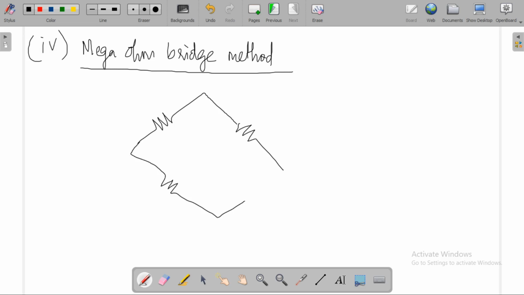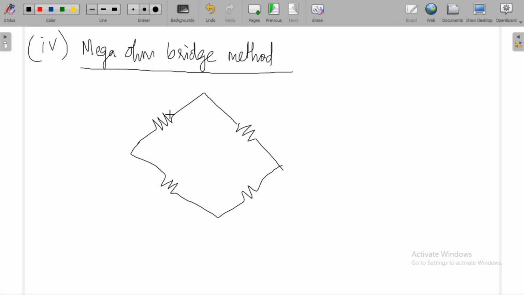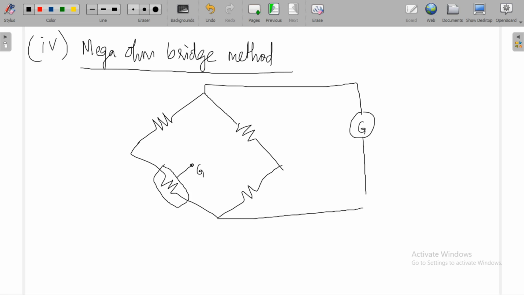It is like a Wheatstone bridge. This is a high resistance, so you have a guard terminal. This is the guard terminal. You have a galvanometer or detector, which is connected between these two terminals. Now voltage is applied between these two terminals.